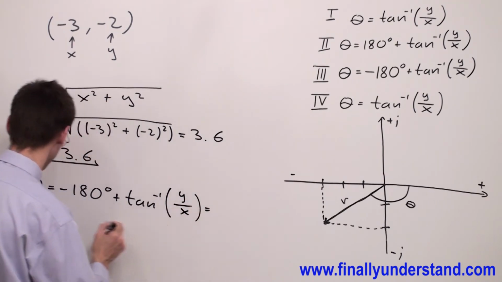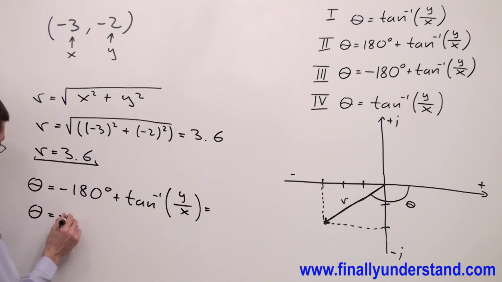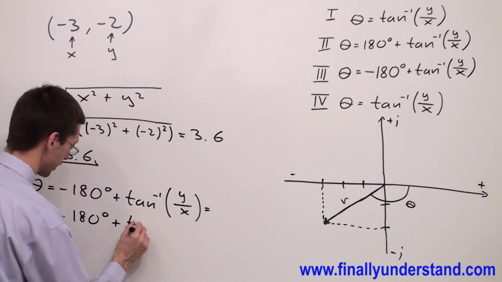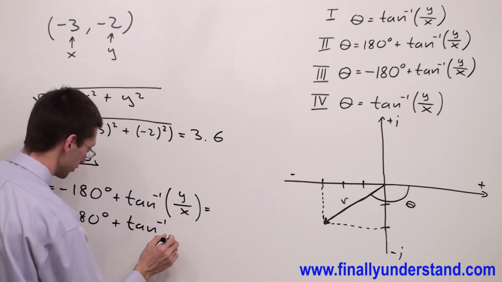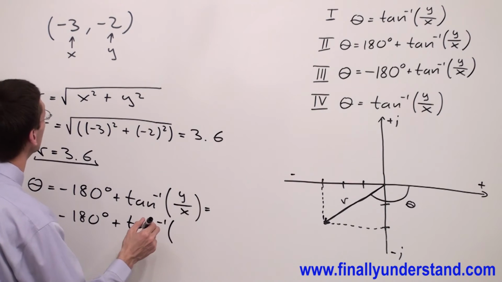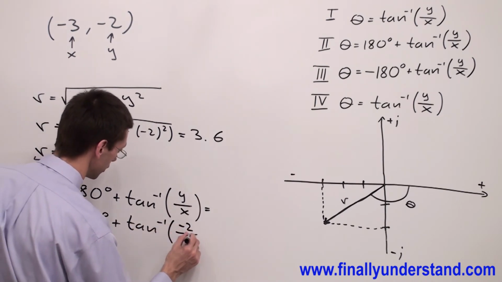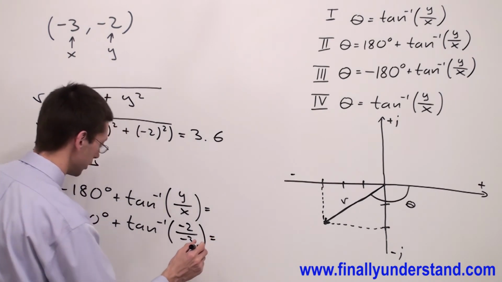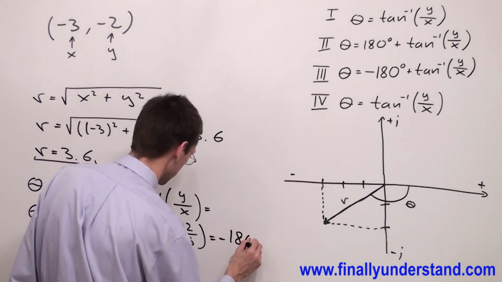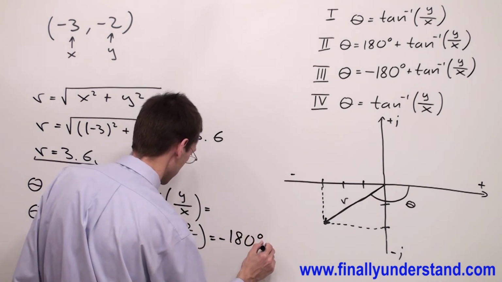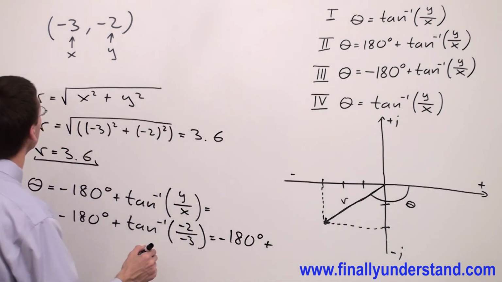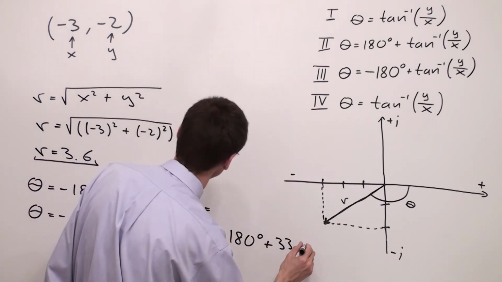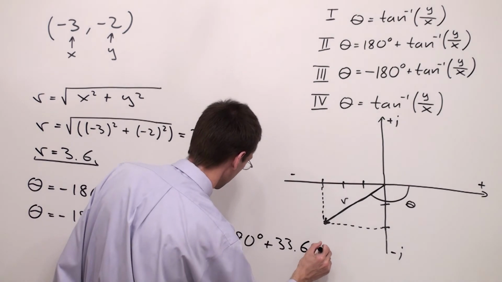And this is equal to theta equals -180 degrees plus tangent inverse, of course, of y, which is -2, over -3, which is equal to -180 degrees plus 33.69 degrees.